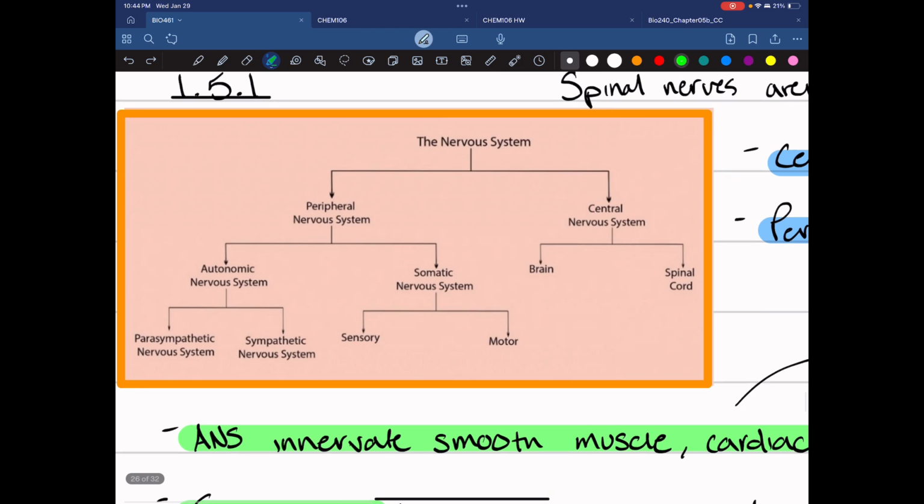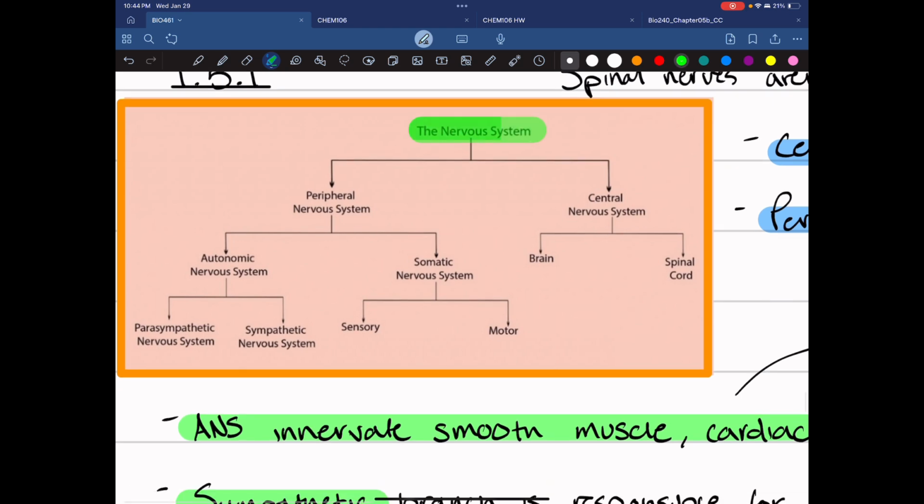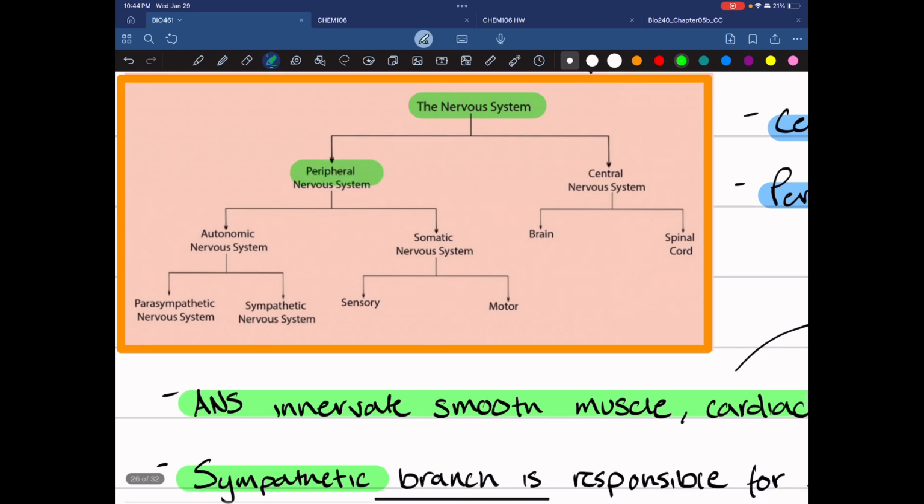As you can see here, starting from our nervous system, it branches off into the peripheral nervous system, and the autonomic nervous system and somatic nervous system fall under the peripheral.